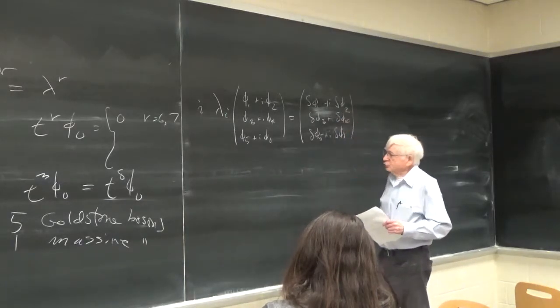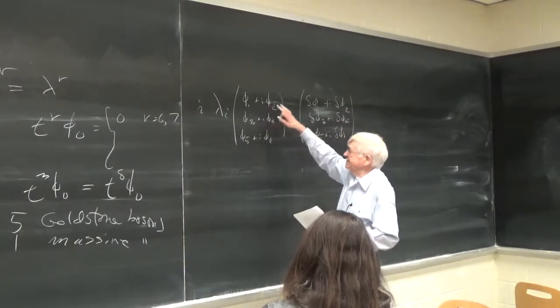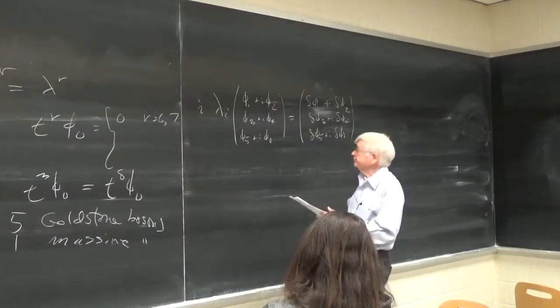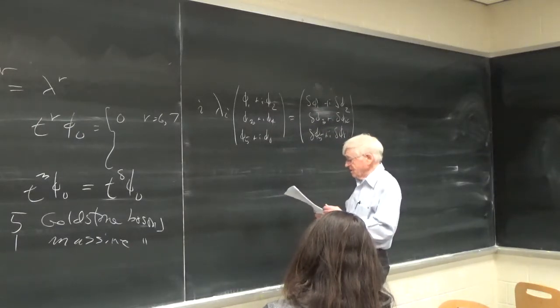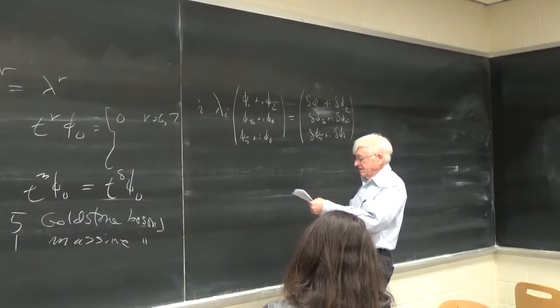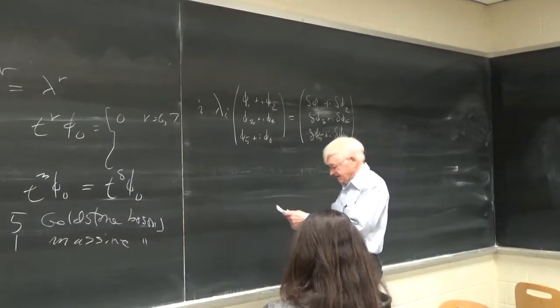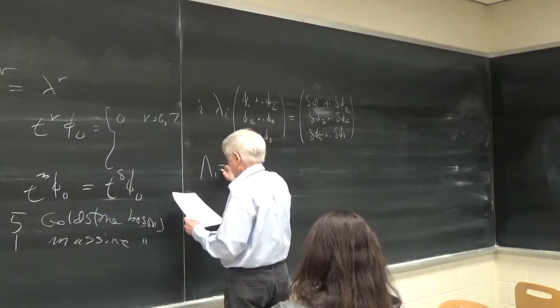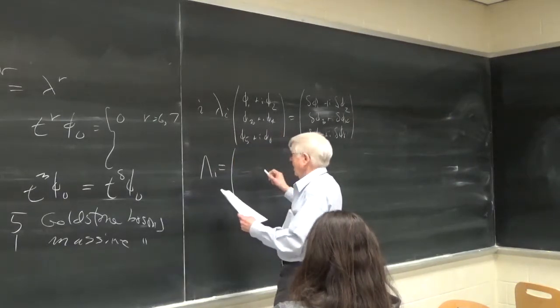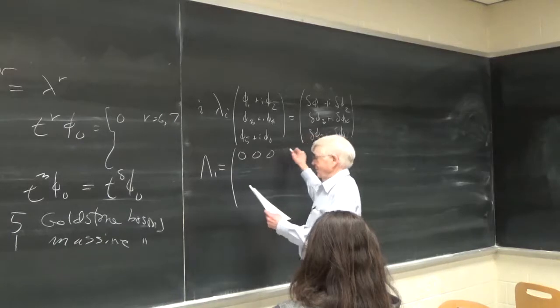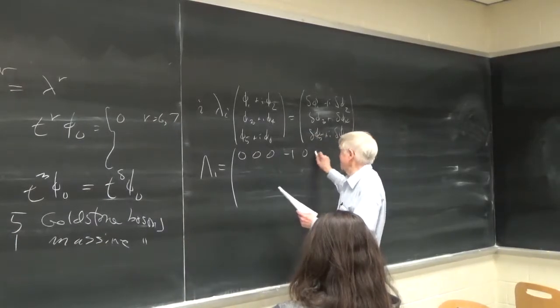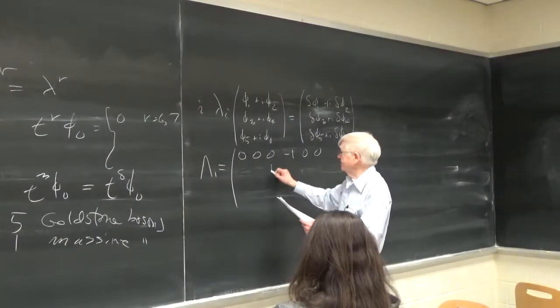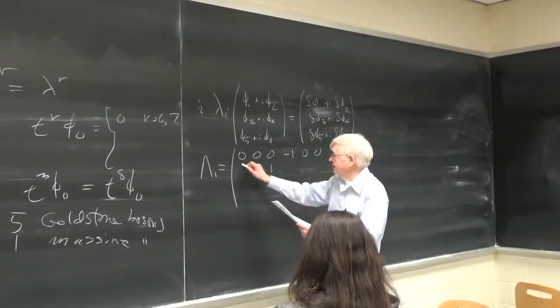What are the real matrices that act on these 6 real fields? These are 6 by 6 matrices, and lambda 1, it turns out, I'm not going to write them all down because they're 6 by 6 matrices, but this one looks like that.